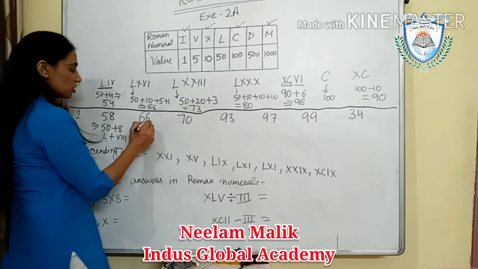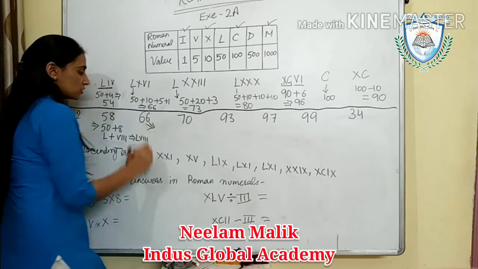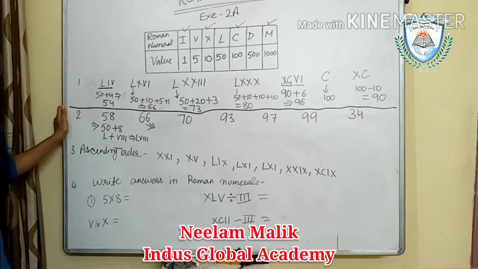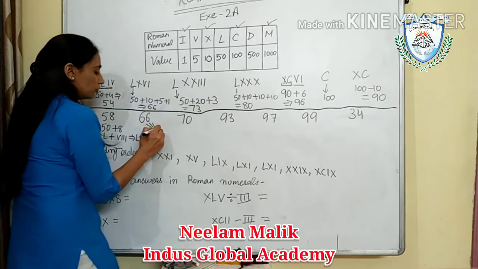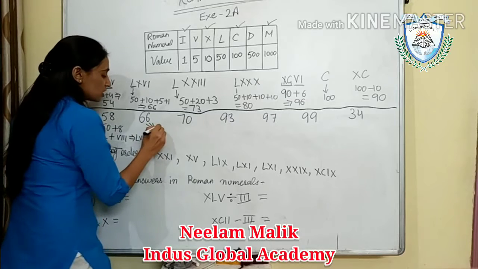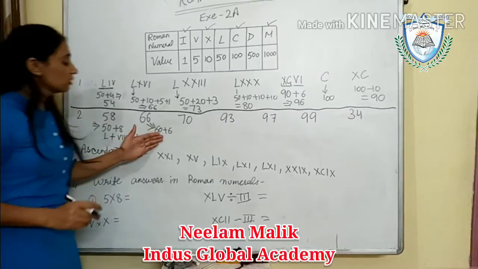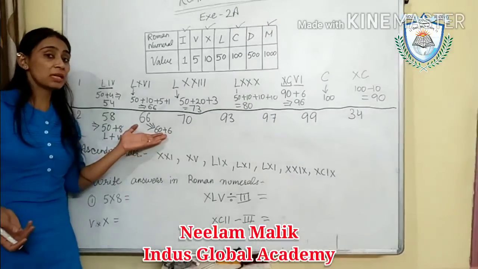Next is 66. How can we write 66? We can write 60 plus 6. So what is 60? 60 is 50 plus 10.